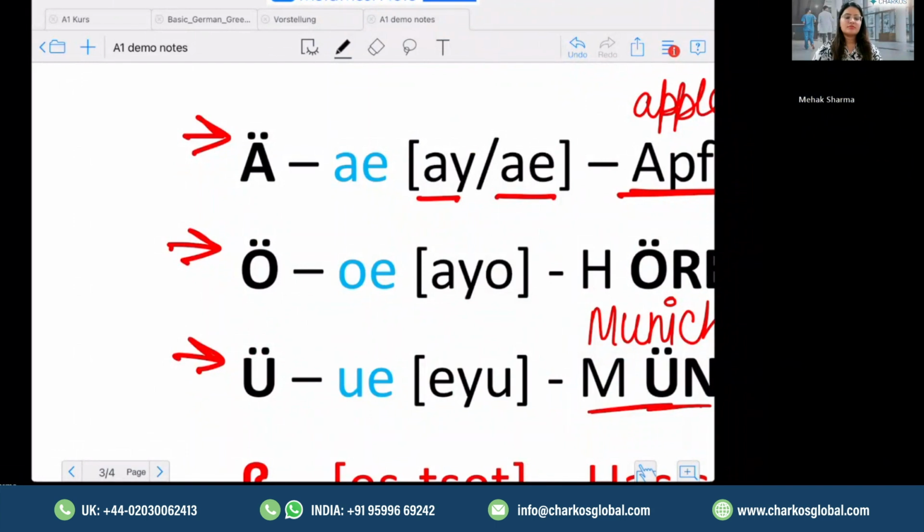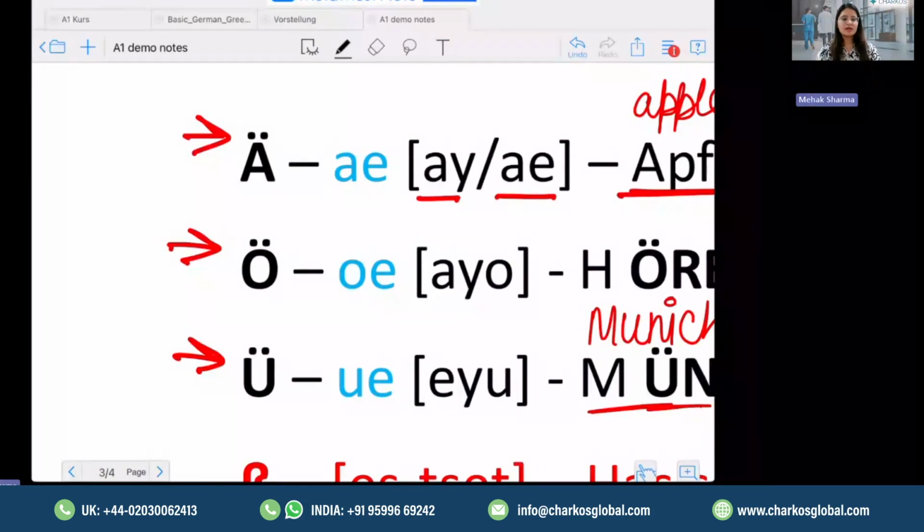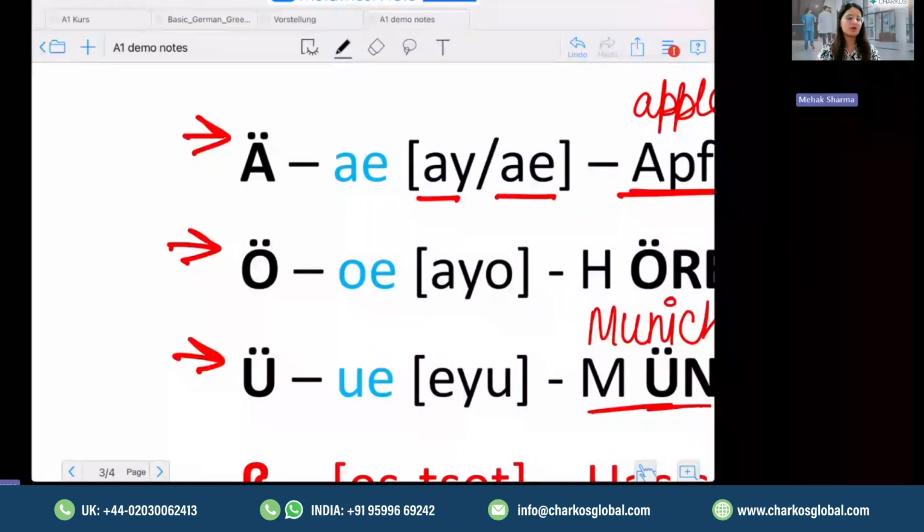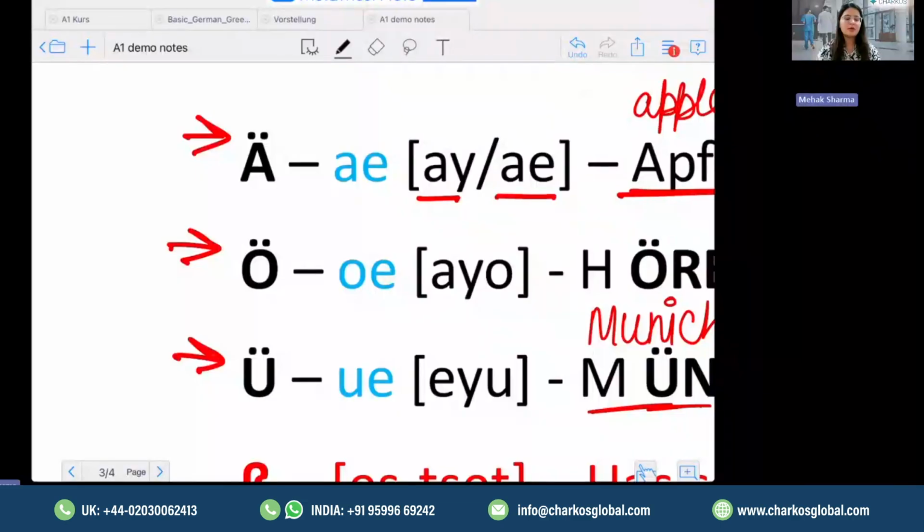Mostly, when we write with the help of a keyboard, we are not able to use umlauts. Although there is a way to use them, mostly people don't, and you're just not able to put umlauts while writing a German word which includes one.